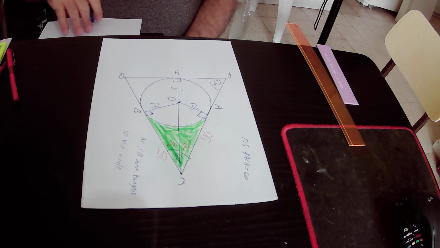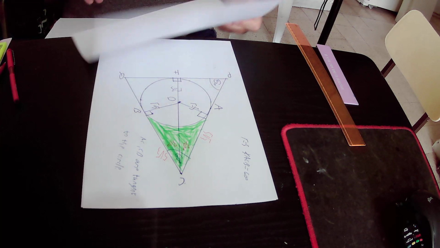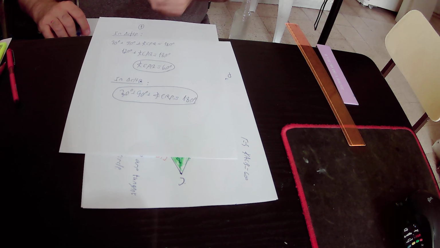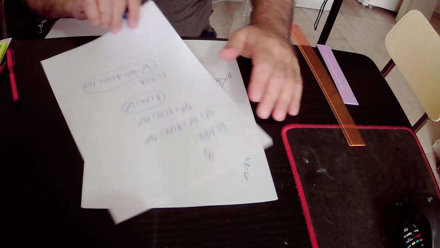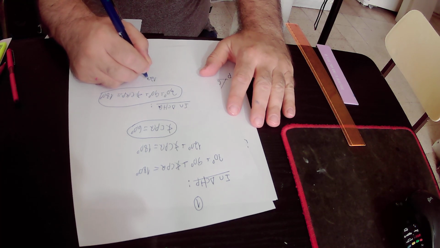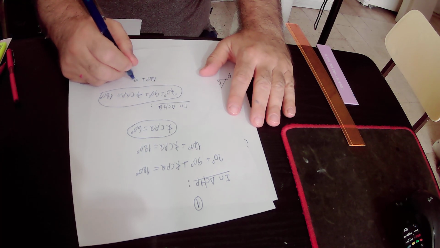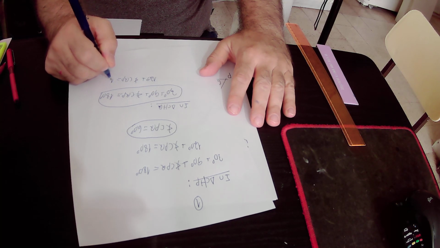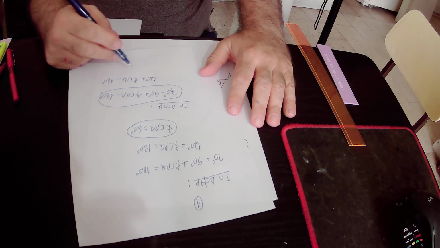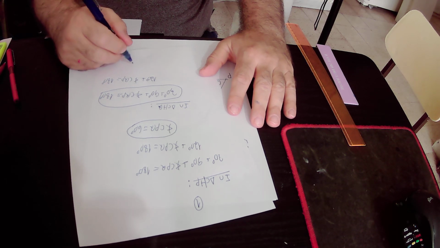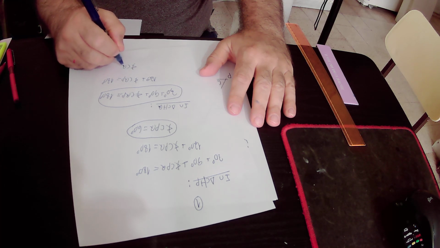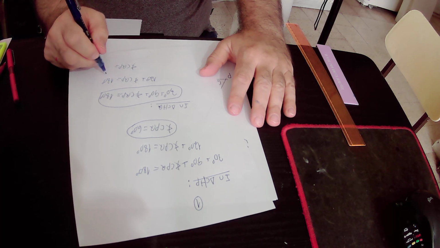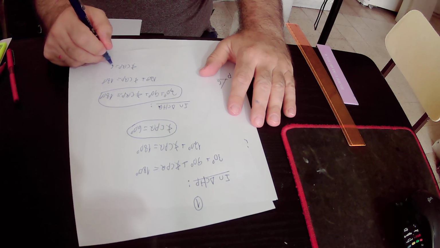Okay, so the sum of the angles in the right triangle CHQ equals 180 degrees. Here 30 degrees plus 90 degrees is 120 degrees. 120 degrees plus angle CQP equals 180 degrees. Here we will subtract from this equality 120 degrees and we will get that the size of angle CQP equals 180 degrees minus 120 degrees, which is 60 degrees.